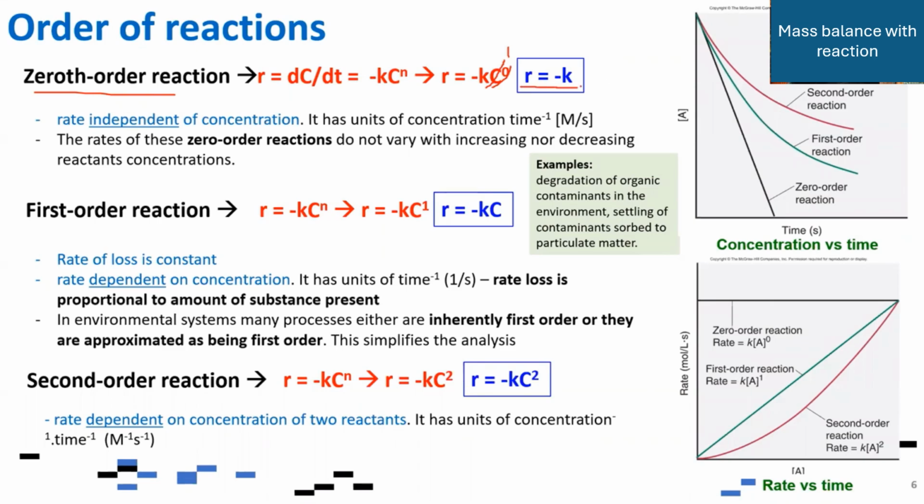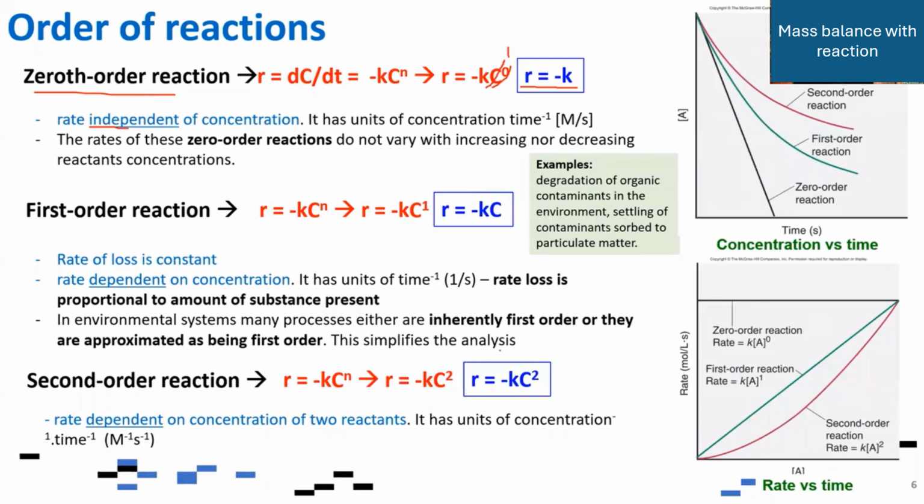So what can you see from this equation? It means that the reaction rate of a zeroth order reaction is not dependent on concentration, or it is independent of concentration. It doesn't matter. Big concentration, small concentration, the reaction rate is constant. It's the same. It doesn't change regardless of the concentration.